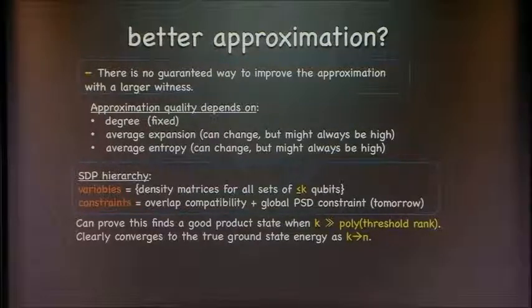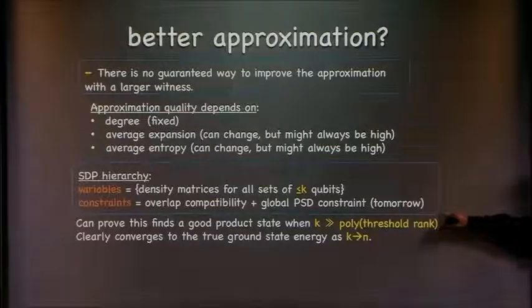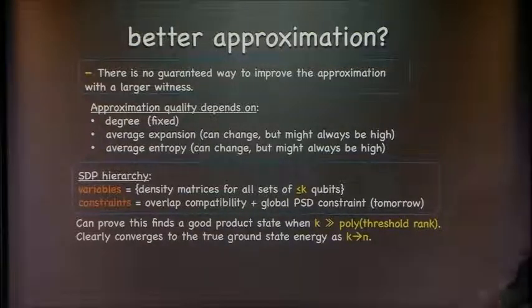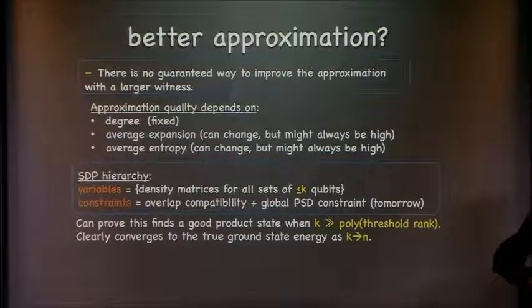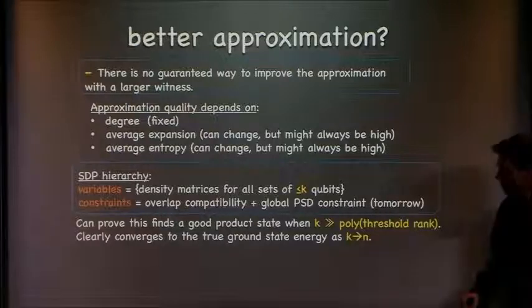The threshold rank is the number of large eigenvalues of the adjacency matrix. And we can show that this works in the quantum case as well, at least when you have a good product state approximation. So this works classically, is what they showed, and we showed that it can find also a good product state in the quantum case.